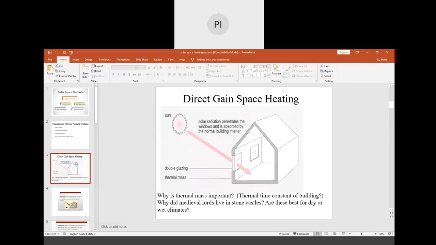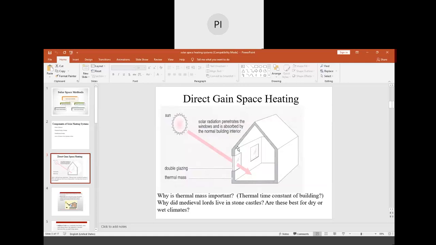In that case also they need a space heating system at night. So solar energy can be utilized for space heating at night time also, by storing that heat energy by means of thermal mass. Here we are using direct gain space heating.